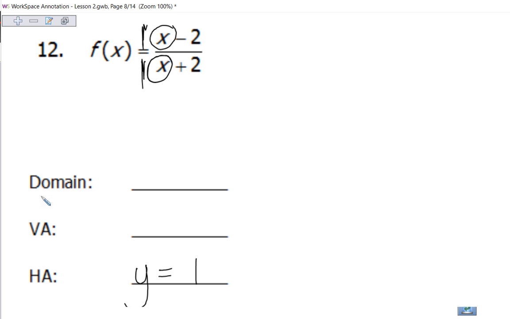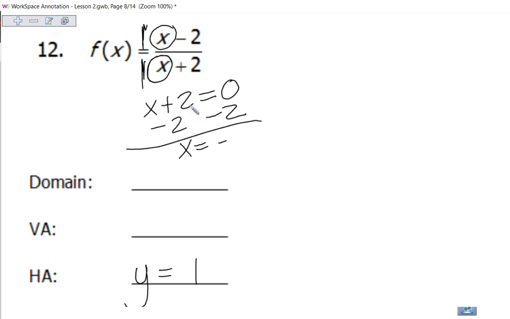So find the vertical asymptote first, and how do you find the vertical asymptote? Set the denominator equal to 0. Subtract 2 from both sides, and what would be that vertical asymptote? X equals -2. So our domain would be all real numbers except x cannot equal what? -2.